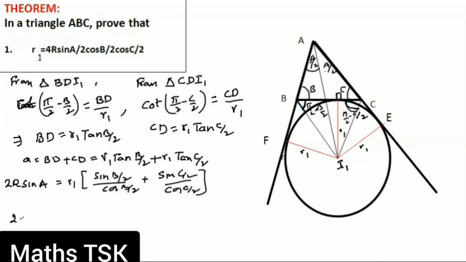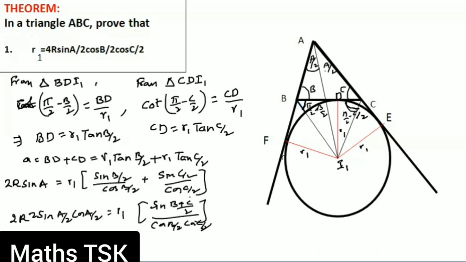This is 2R into 2 sin A by 2 cos A by 2, and this is R1 into sin of B plus C by 2 by cos B by 2 cos C by 2. Sin of B plus C by 2 and cos A by 2 get cancelled. Therefore, R1 is equal to 4R sin A by 2 cos B by 2 cos C by 2. Similarly, you can prove R2 and R3.